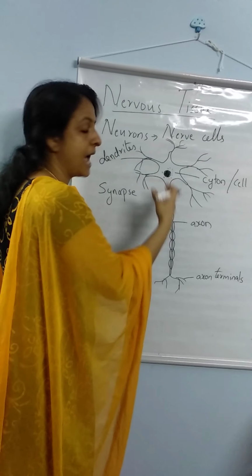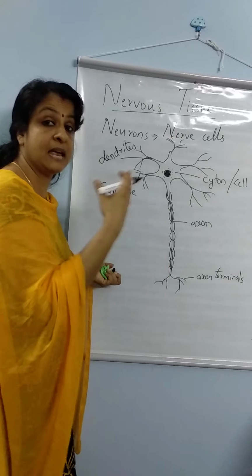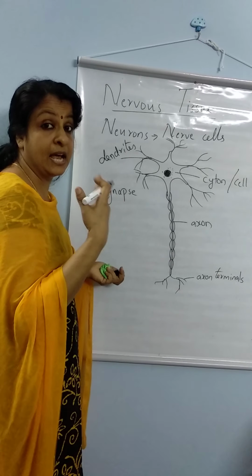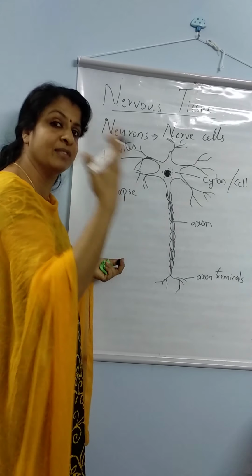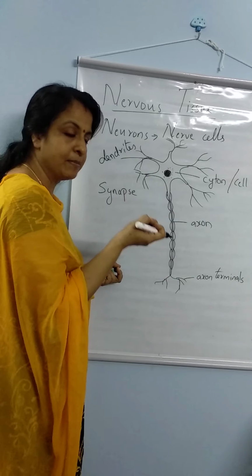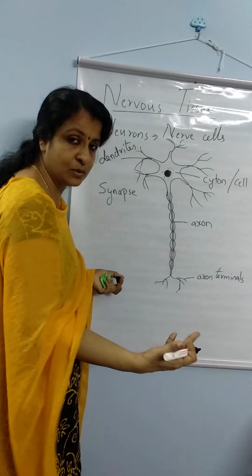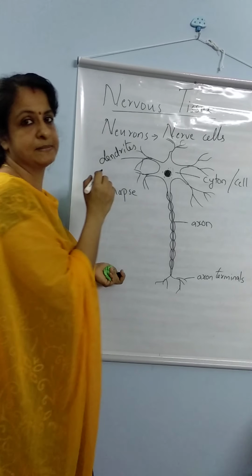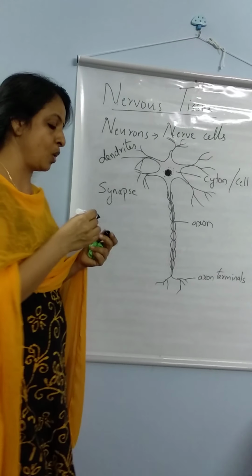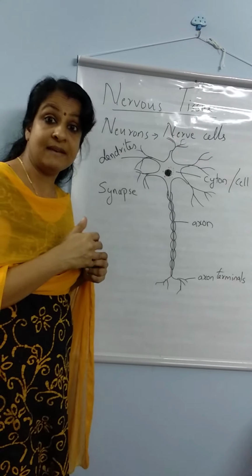Then it is sent to the axon, which carries the impulse to the next neuron through the dendrite of the next neuron. The short gap between the axon endings of one neuron and the dendrites of the next is called the synapse. So the function of neurons or nerve cells is to receive the impulse.